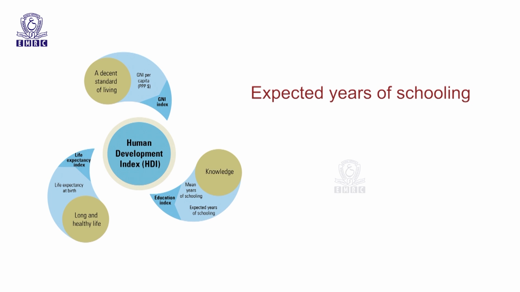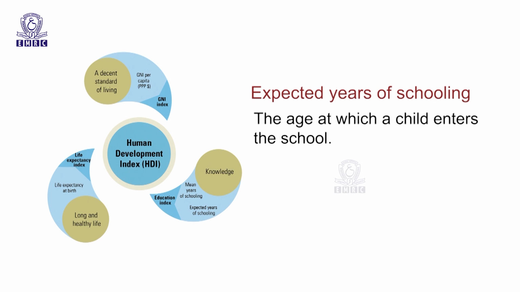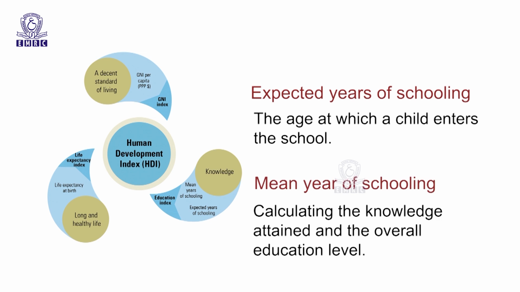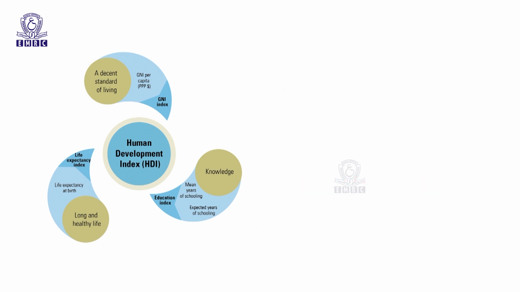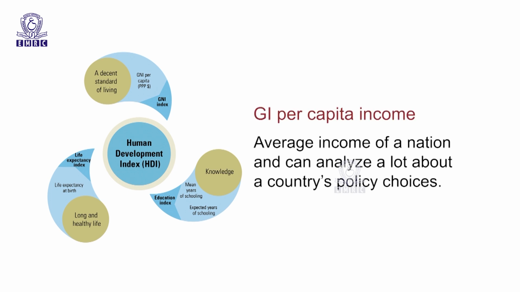Expected years of schooling identifies the age at which a child enters school, and the mean years of schooling helps in calculating the knowledge attained and the overall education level. GNI per capita income reflects average income of a nation and can reveal a lot about a country's policy choices.